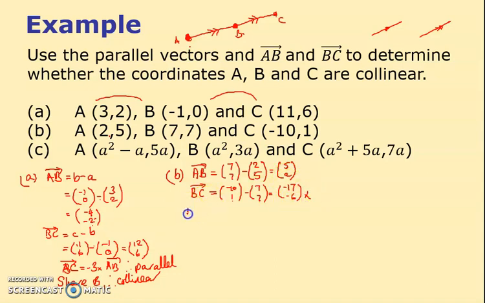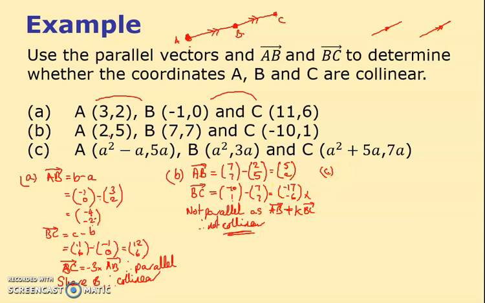So I'm going to write not parallel as AB is not equal to some sort of letter k times BC. Therefore, not collinear. The question says, are they collinear? Well, I suppose we've just proven they're not collinear.